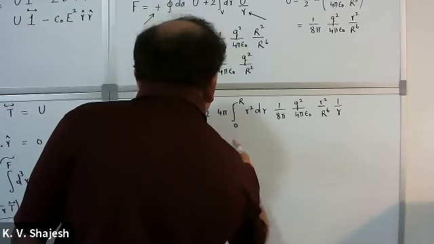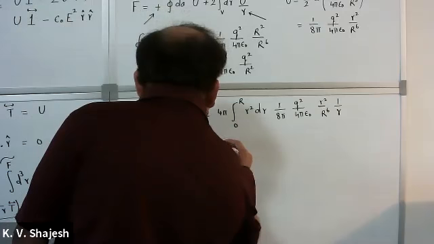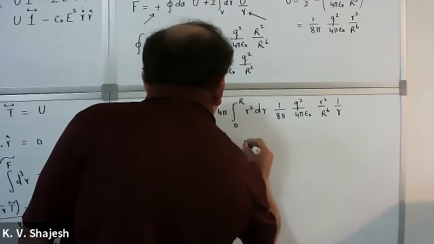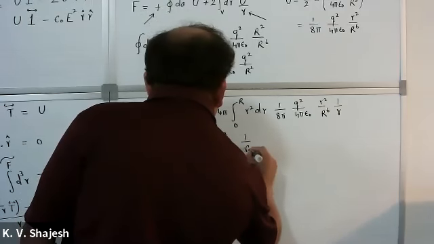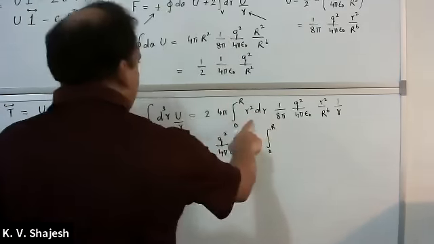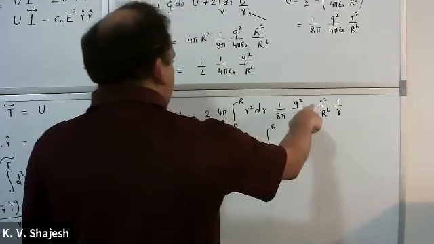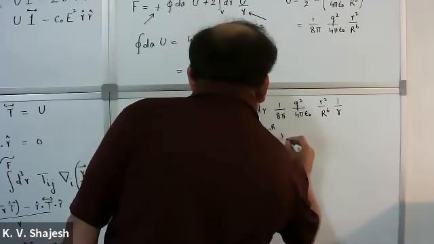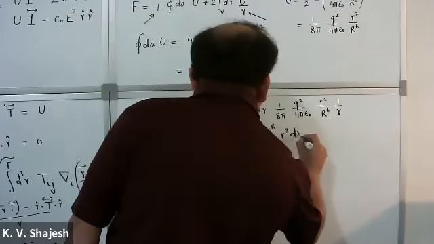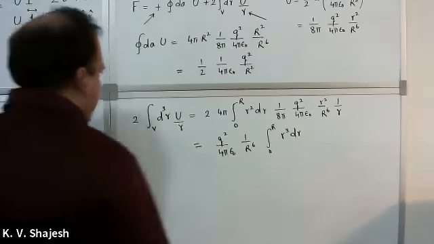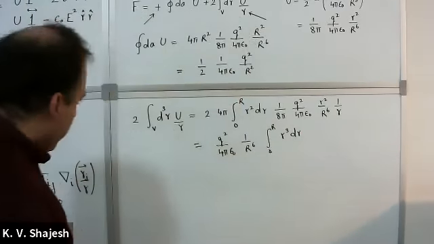So whatever is remaining is q square over 4 pi epsilon naught and 1 over r raised to 6, and 0 to r, as in 4 r's in the numerator, 1 in the denominator. So that's r cubed dr, which is r raised to 4 over 4.